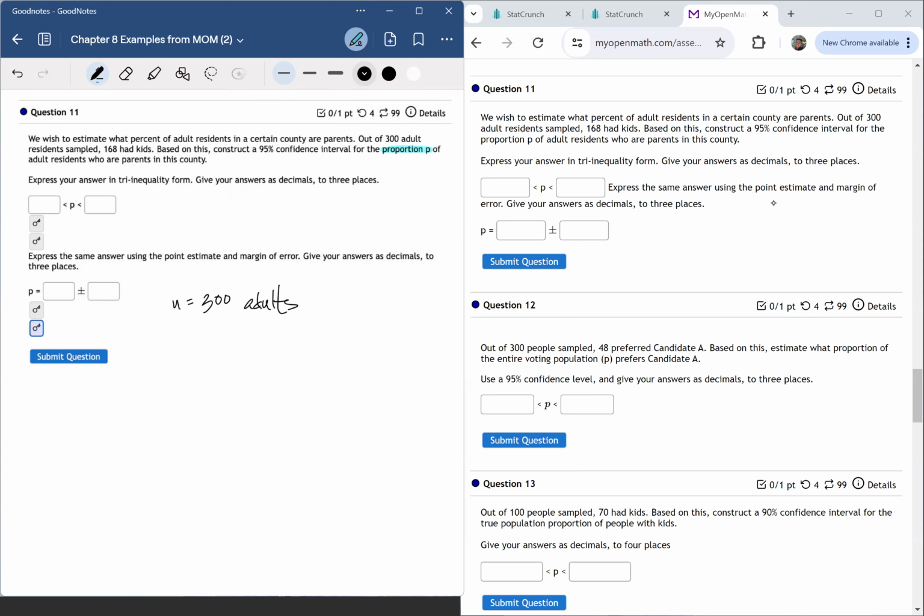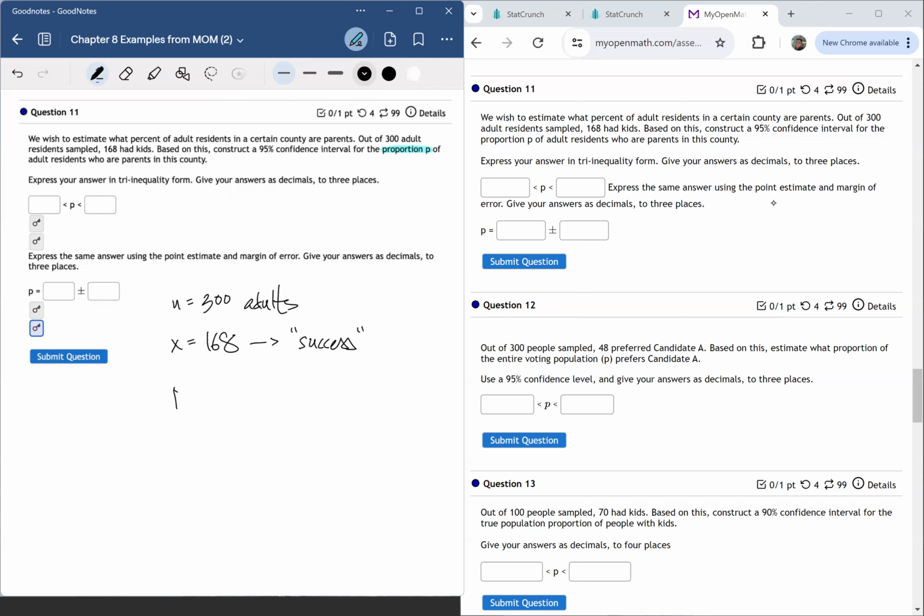And what we're trying to see is how many of them are parents. In this particular sample, 168 had kids. This is what we're going to consider the success part of the binomial distribution.